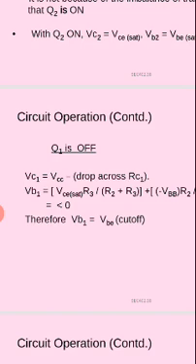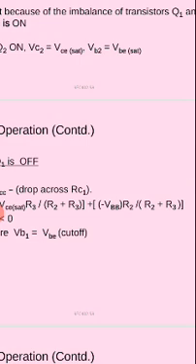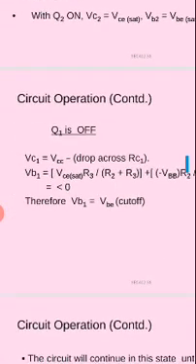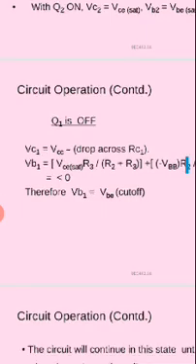VB1 equal to VC sat into R3 by R2 plus R3, plus minus VBB R2 by R2 plus R3, which is less than 0. Therefore, VB1 equal to VB cutoff.